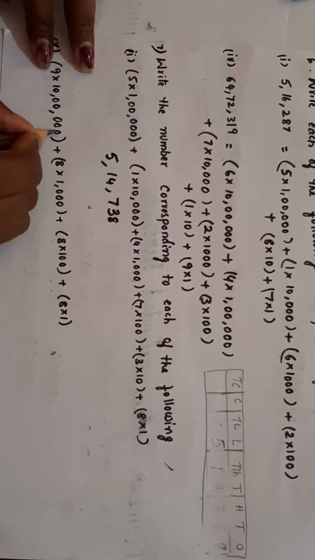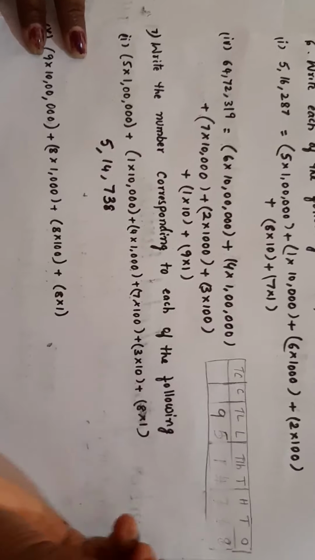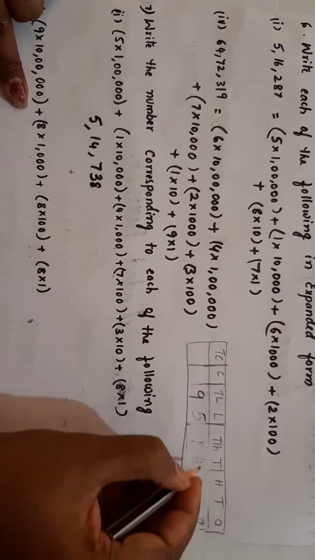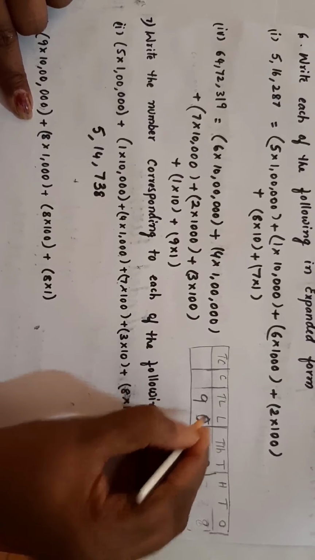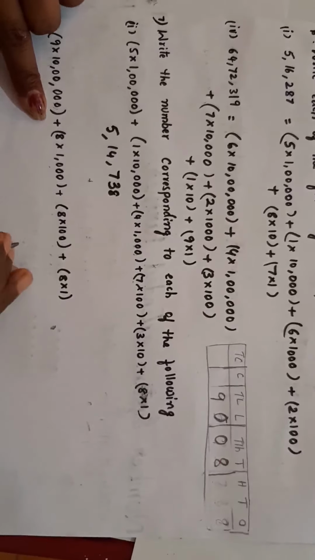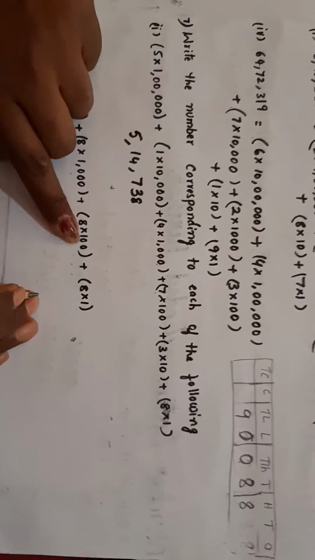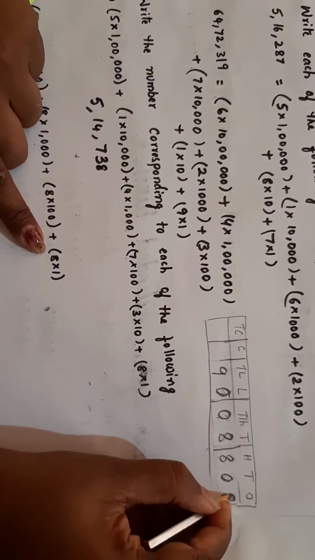Another one we will see. 9 into 10 lakhs, so in the 10 lakhs place 9 should come. They didn't give any lakhs place. They gave 8,000, so the remaining places will be 0. Then 800 and 8.